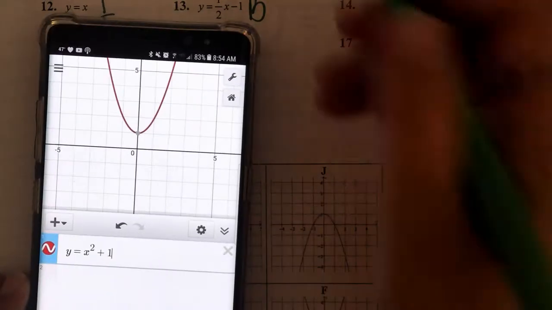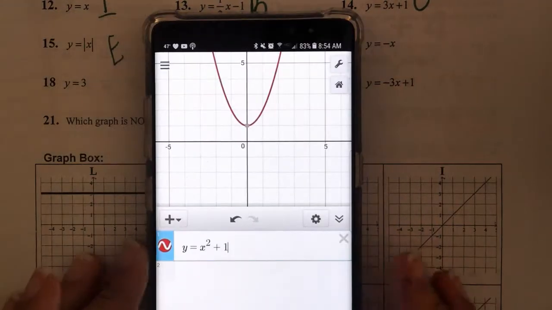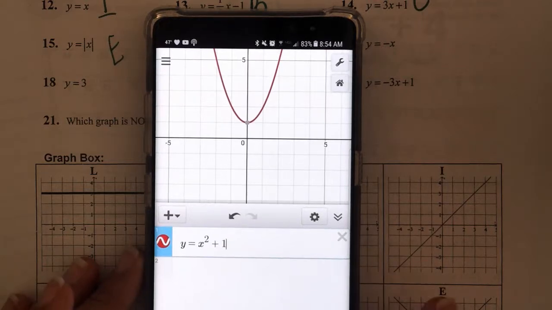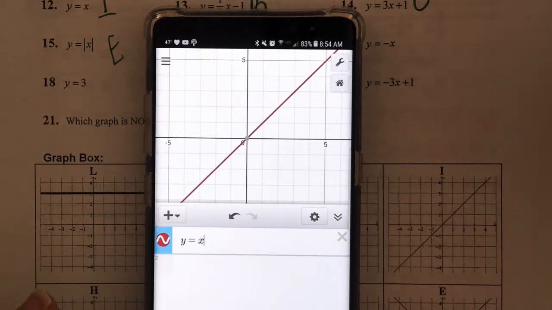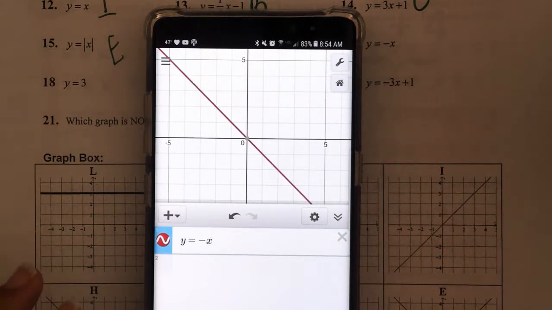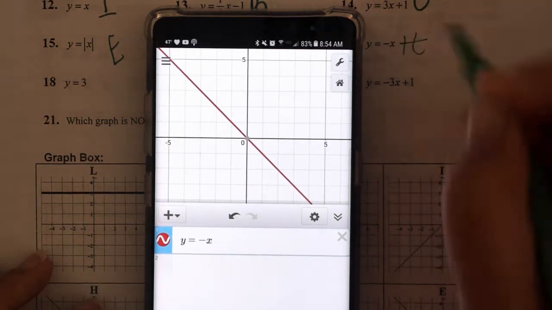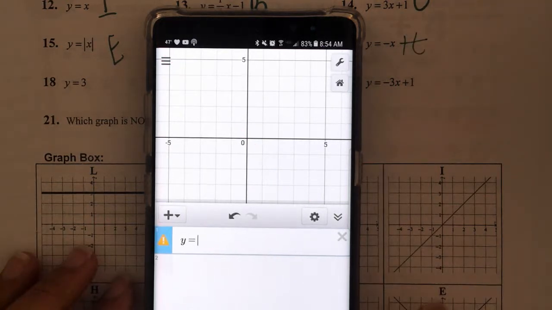F as in Frank. Alright, y equals negative x. Alright, y equals 3.